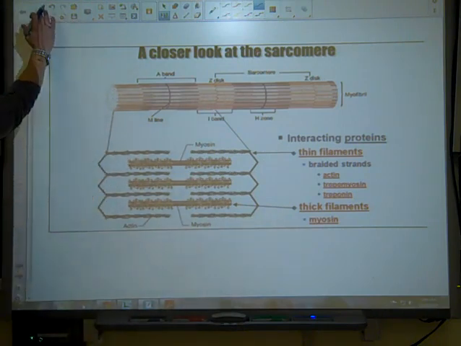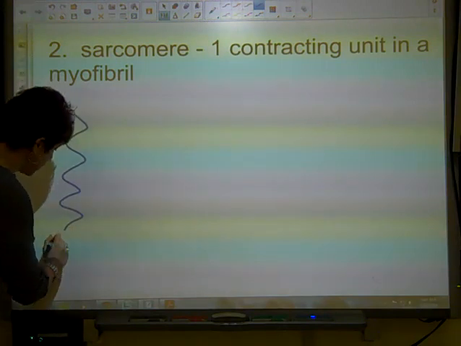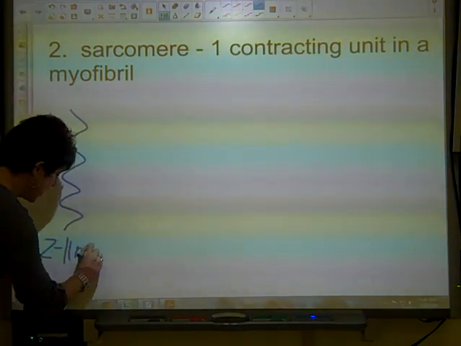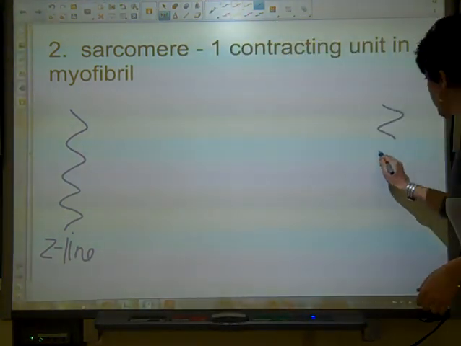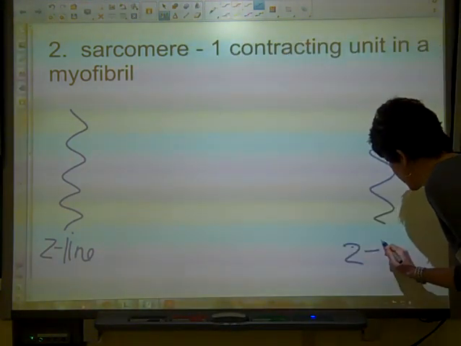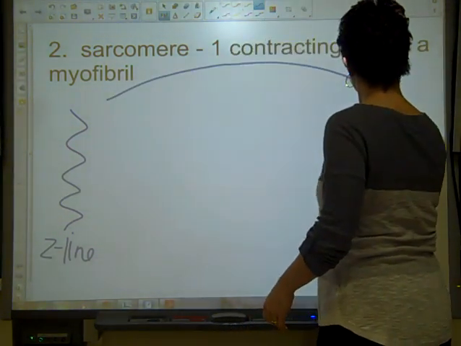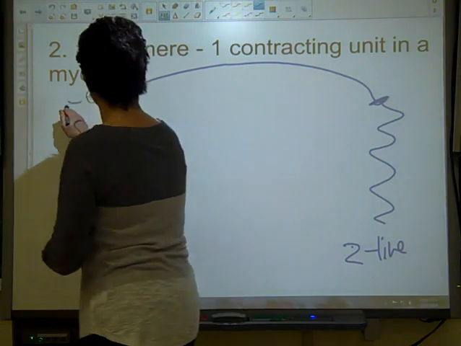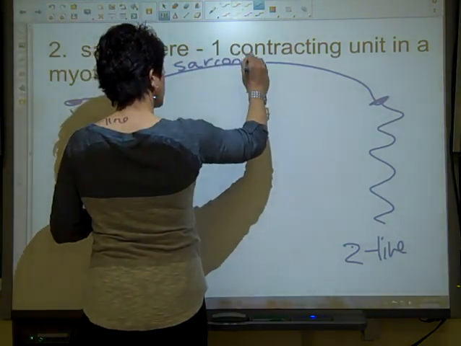So we're going to draw that one sarcomere. So we are going to have a Z line here. The distance from Z line to Z line is one sarcomere. So another Z line here, and this to this. Here to here is one sarcomere.